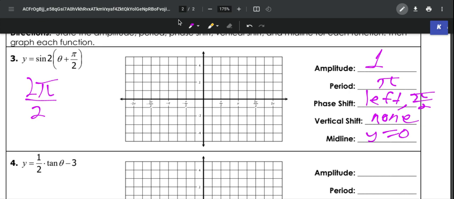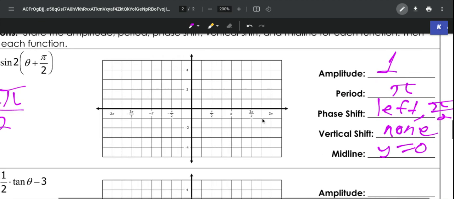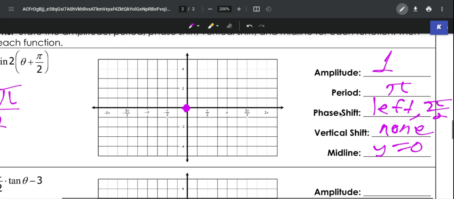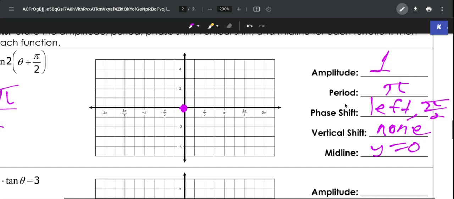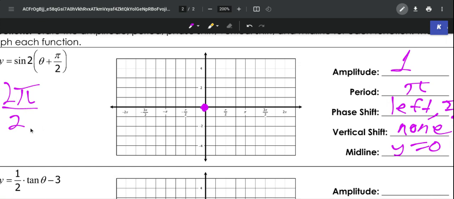All right, so now let's look at graphing this. So for this, you have to do a bit of thinking. So if we were to start off graphing sine, the first thing we would do is put a point right here at the origin. Now, this graph is moving to the left pi over 2 units. So we need to move this point to the left pi over 2 units, and then we can just graph the rest of it.